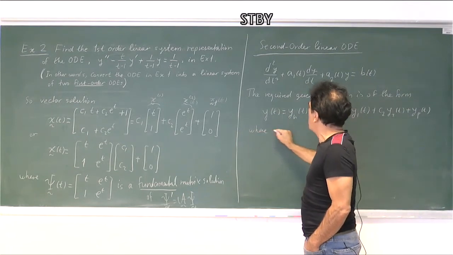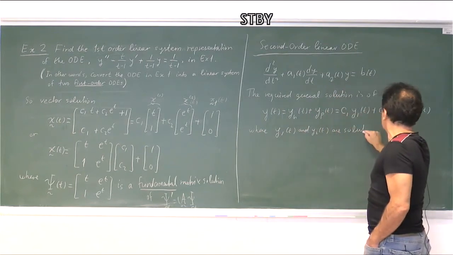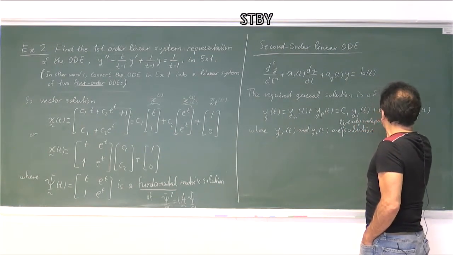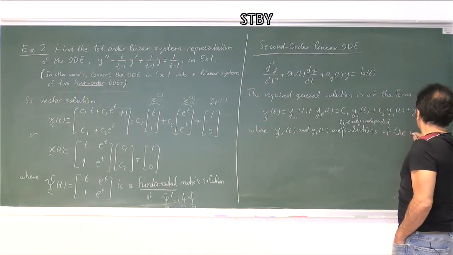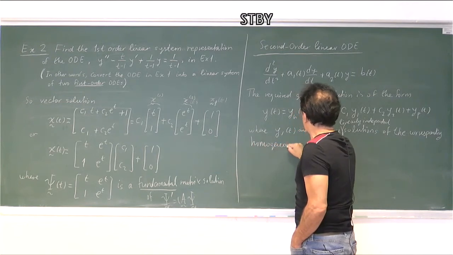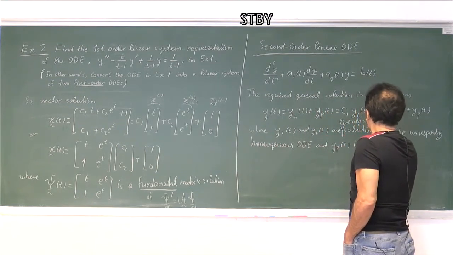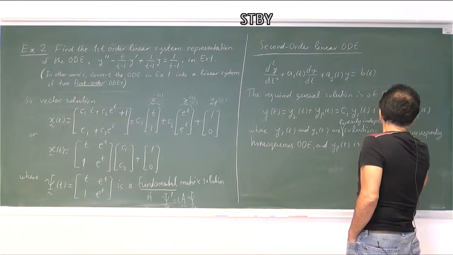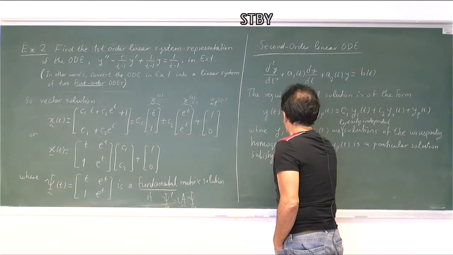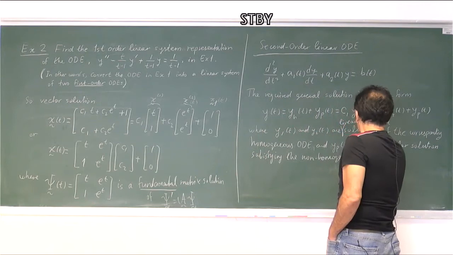Please be careful, where y1 and y2 are linearly independent solutions of the corresponding homogeneous ODE and y p is a particular solution satisfying the non-homogeneous ODE.